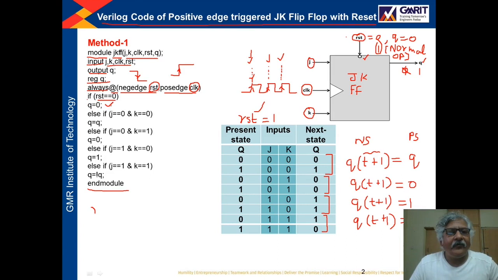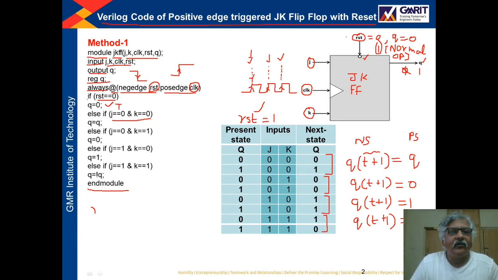Else if RST is not 0, then these next conditions will be tested. If J is equal to 0 and K is equal to 0, what will happen? If J is 0, this equality operator will give you true.